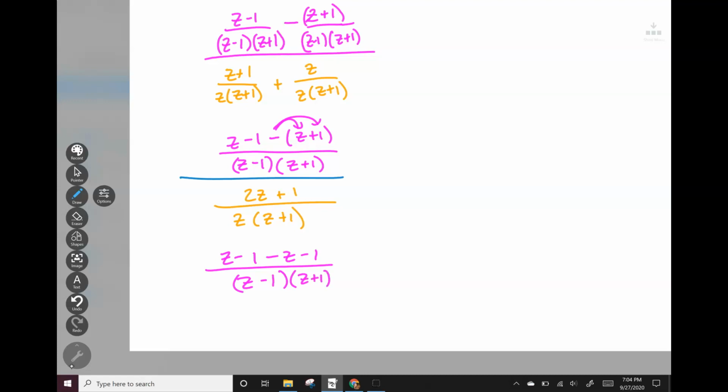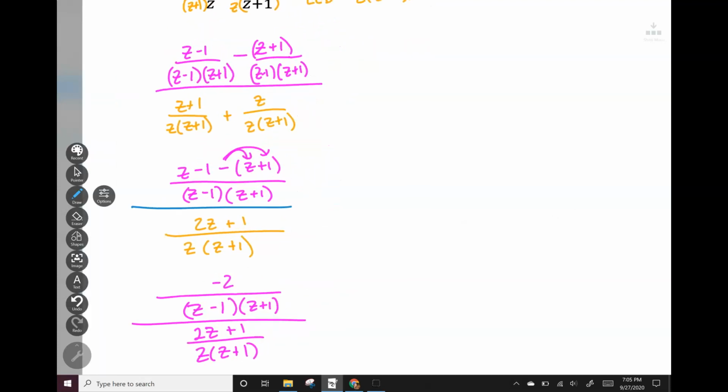The z minus z cancels out, and minus 1 and minus 1 makes minus 2. So that's just a minus 2 there, over 2z plus 1 over z times z plus 1. Now that we've done our addition and subtraction, we can change this to division.